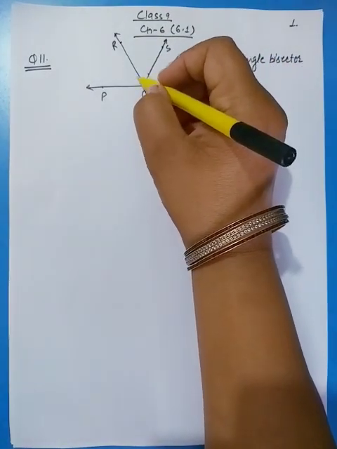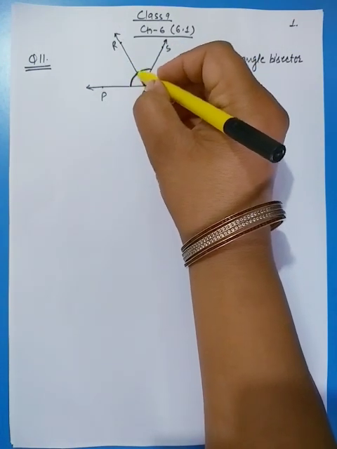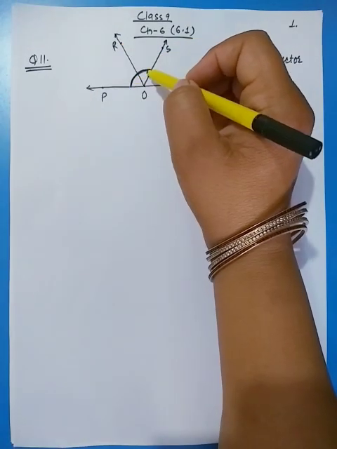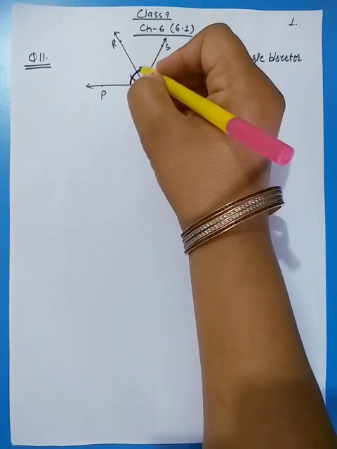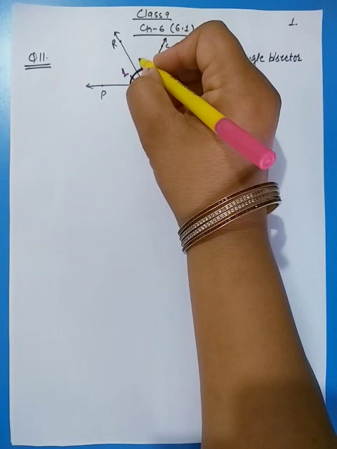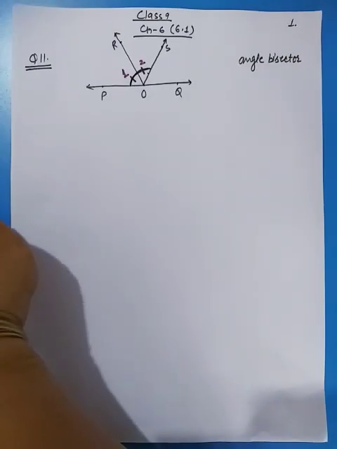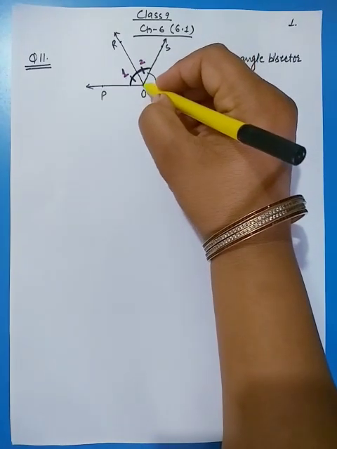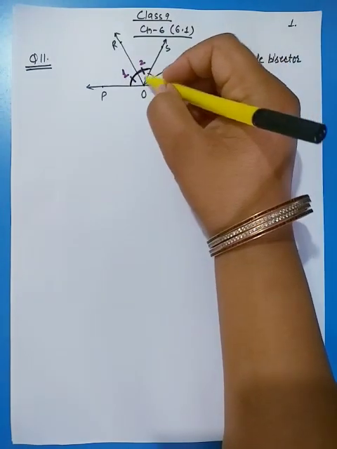So after OR, now angle POS is divided into two parts, but according to the question OR is the angle bisector of POS. So it means both the parts of angle POS are equal, meaning angle 1 and angle 2 are equal. Again it is given that ray OT is the bisector of angle QOS.